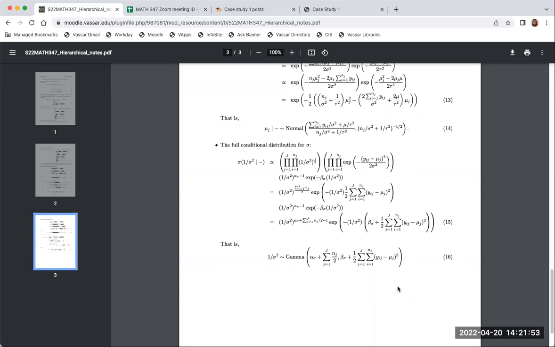So for a hierarchical model, group effects are represented by the group specific parameters in the original data model. But the overall effect is demonstrated by the hyperparameters.